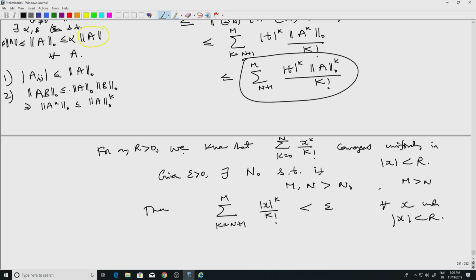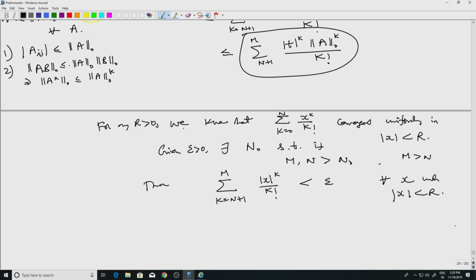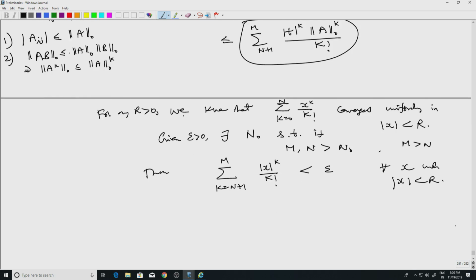So this is a fact from one variable calculus.